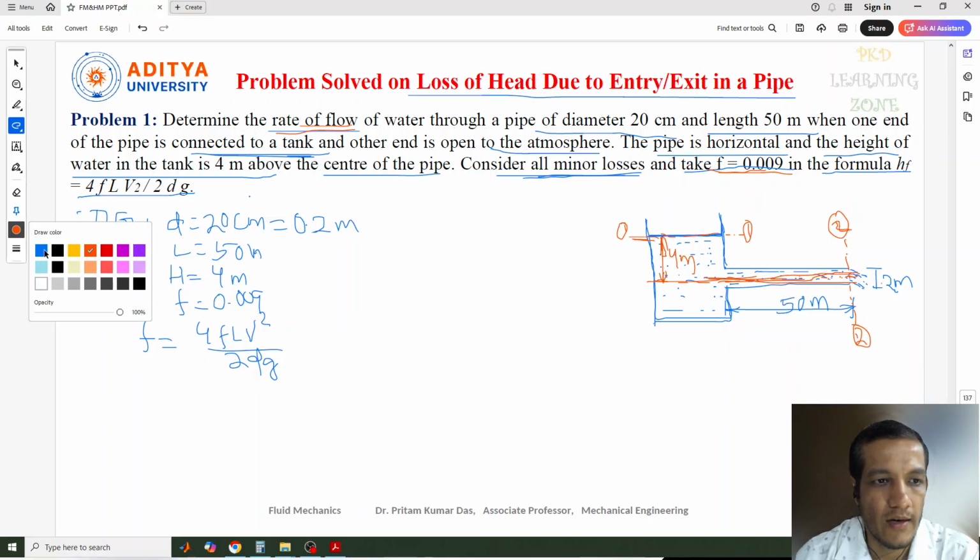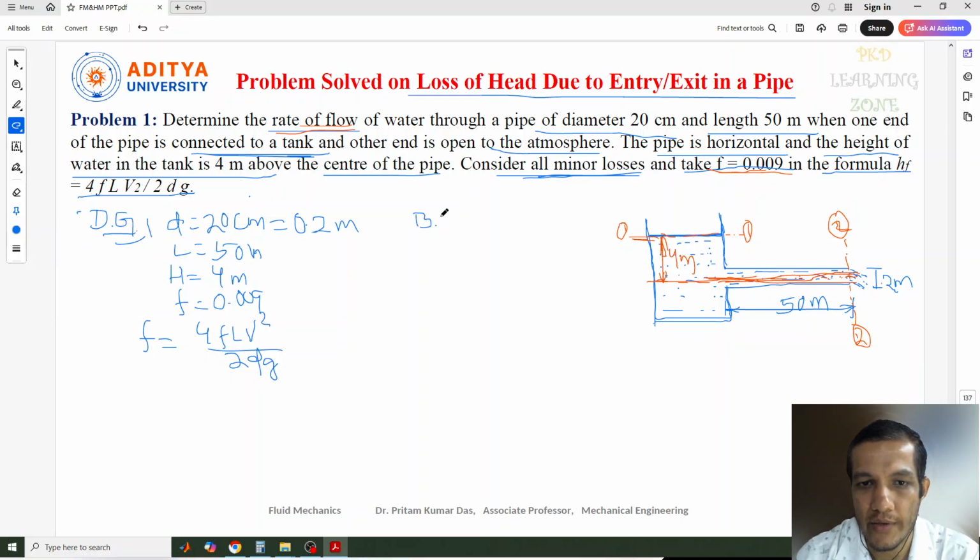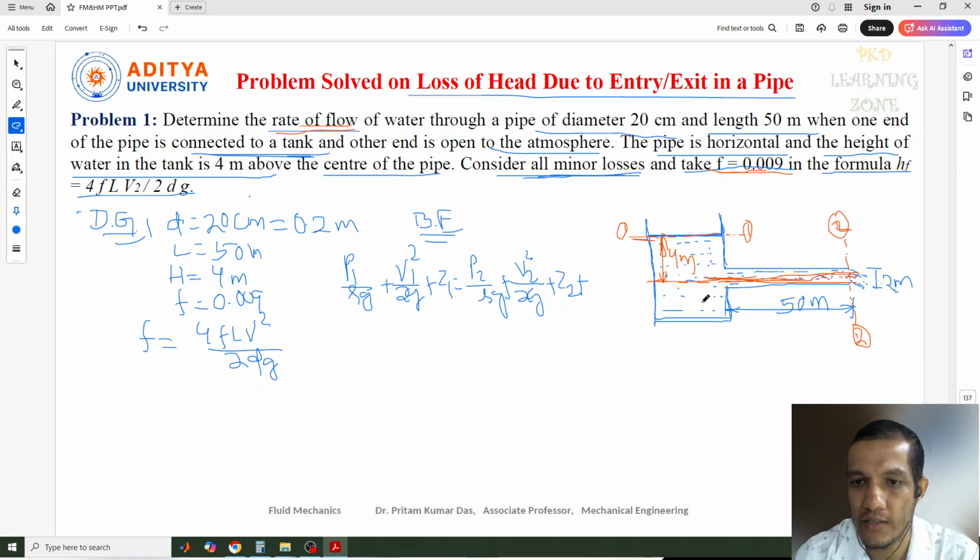Considering Bernoulli's equation between section 1 and section 2, we can write: P1 by rho g plus V1 square by 2g plus Z1 equals P2 by rho g plus V2 square by 2g plus Z2, plus all the losses present in this pipe flow, minor as well as major.